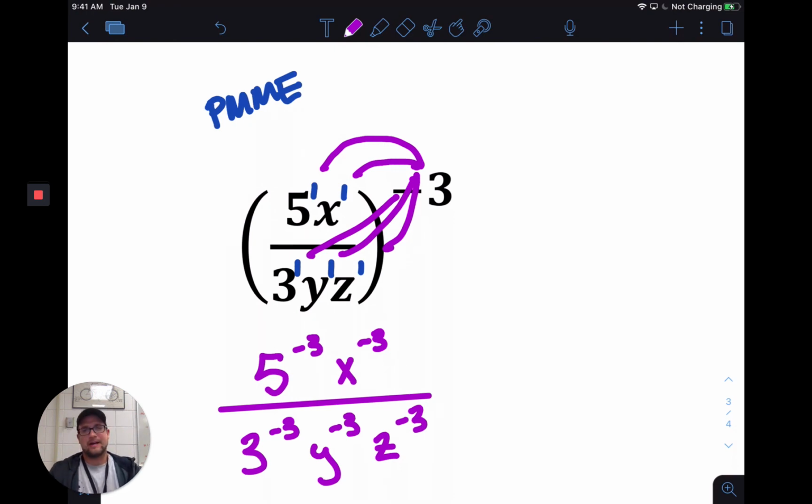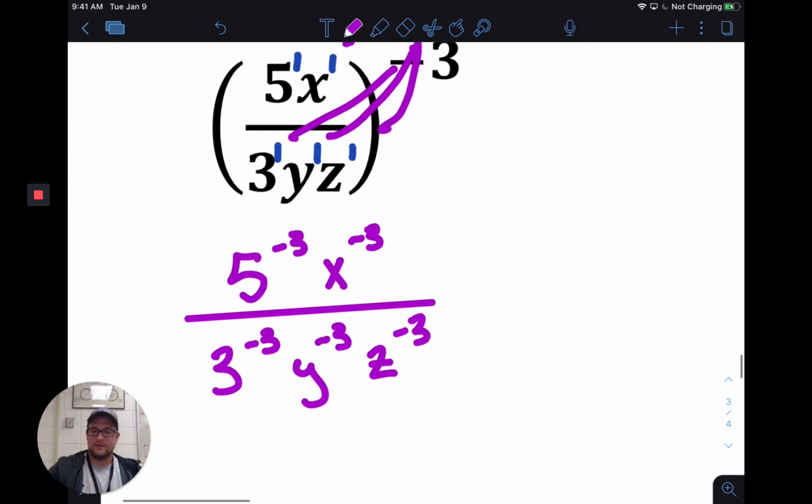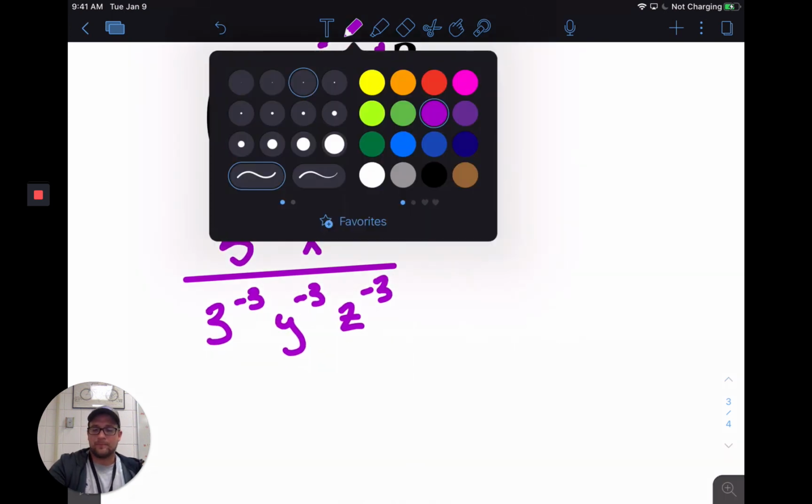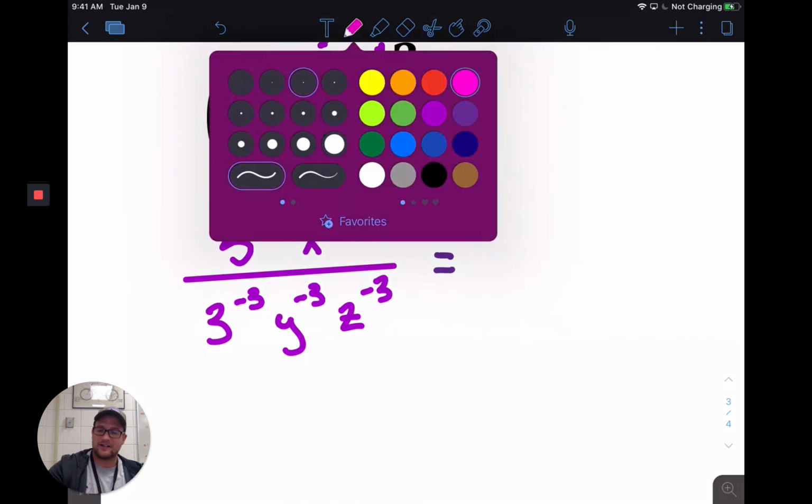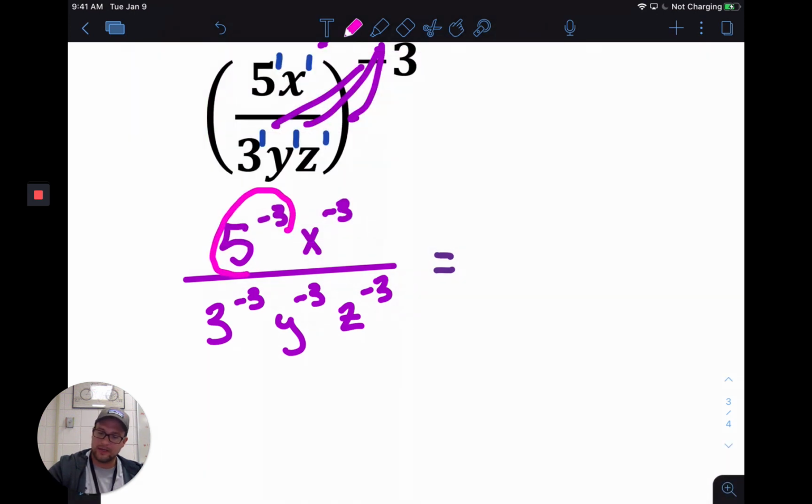Okay, we got to start digging into this because this is anxiety provoking. Here's how we're going to do it. Now this one's already looking like a fraction, right? And what we've already learned is that if I ever have anything with a negative exponent, I can pull that single piece to the other side of the fraction and it's going to become positive.